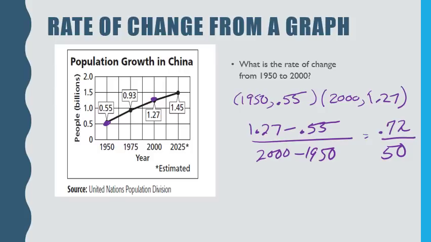So it's 0.0144 billion per year. So China's population is increasing 0.0144 billion per year.